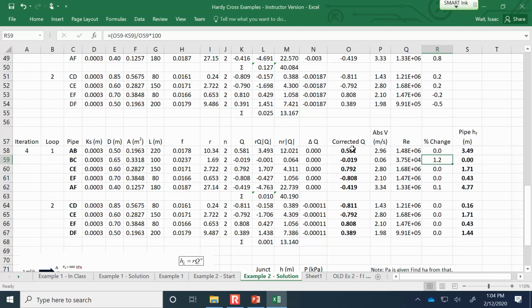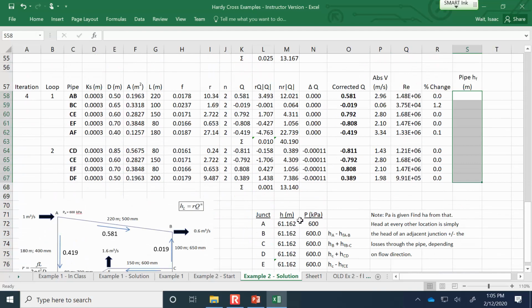Now that we know the flow rate through each pipe, let's calculate the head loss through each pipe. Back to this idea that head loss is the R value times the flow rate squared in our case, because we're just using the Darcy-Weisbach equation.